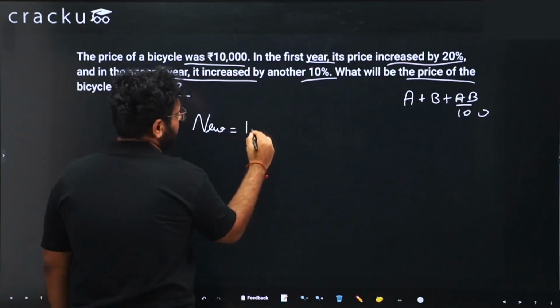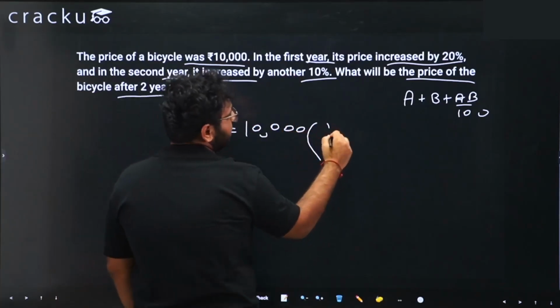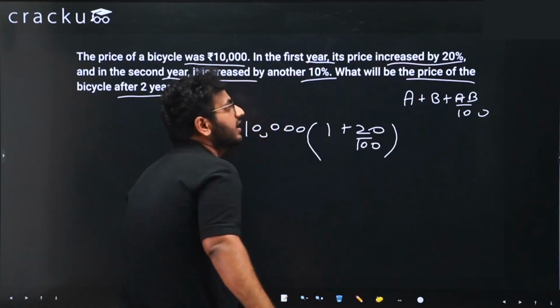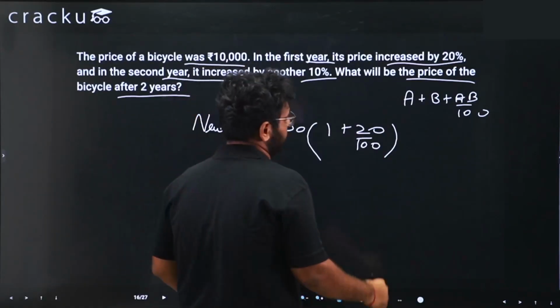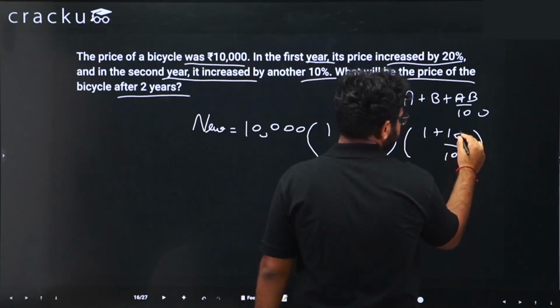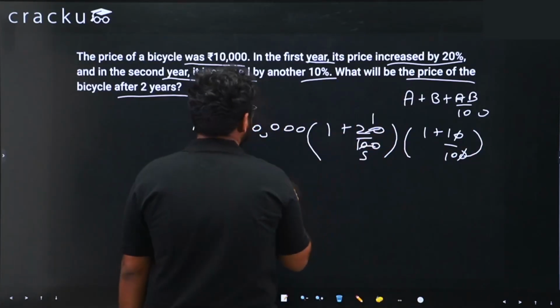So new price will be equal to old 10,000 into first increase, which is 1 plus 20 by 100, into new increase, which is 10%. So 1 plus 10 by 100. So this is 10 10s 100, so 11 by 10. 20 into 5 is 100, so 6 by 5.